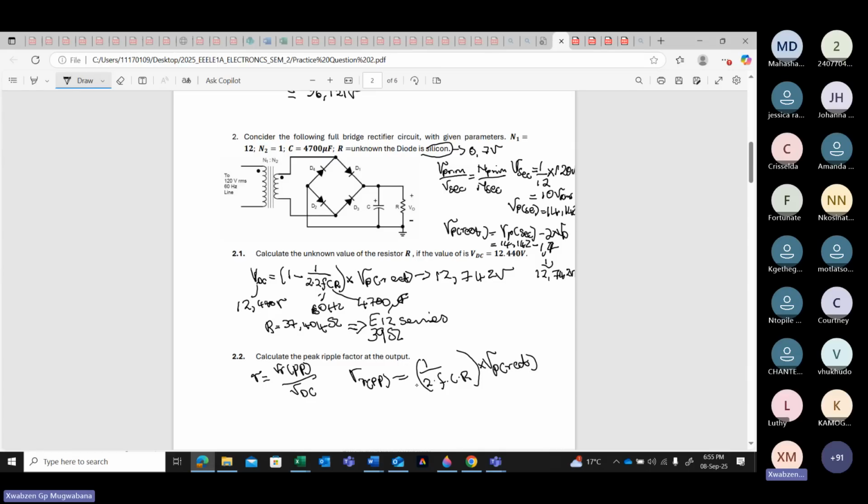I know the frequency, it's 60 hertz. I know the capacitance value, it is 4,700 microfarad. The resistance that I'm using is the 39 ohm resistor. Then multiply by V peak rectifier, which is that one there. Then I will go and say, what is my V ripple peak to peak?